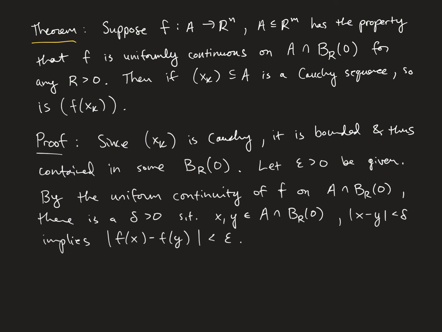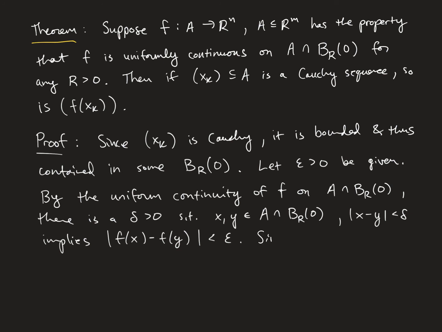But we can make this Cauchy sequence be within delta as long as we take our indices sufficiently large, because that's what it means to be a Cauchy sequence. It means as you go far out in the sequence it bunches up, right? So it'll bunch up within delta. And then we'll be able to say that the function values of those x's are within epsilon as long as they're within that delta.